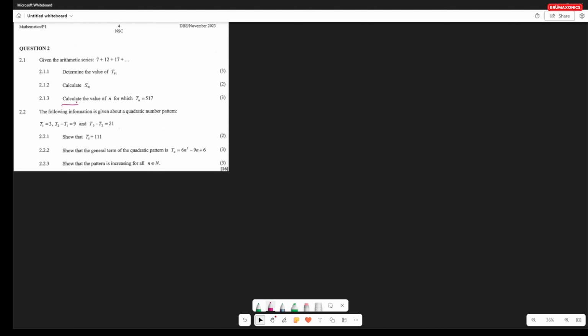But here we are going to calculate the value of n for which tn is equal to 517. I'm just going to write my tn, which is equal to a plus (n minus 1) times the difference.